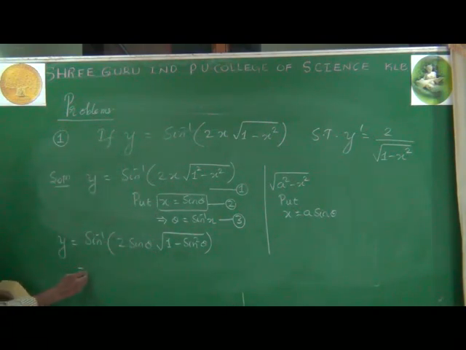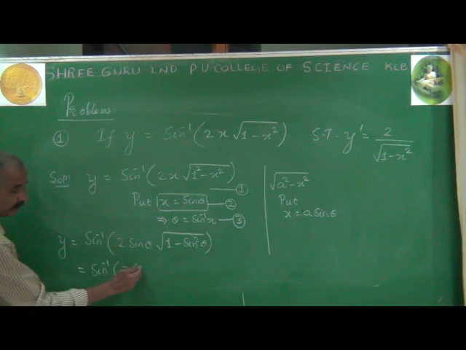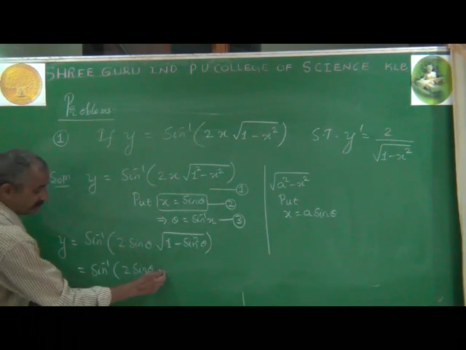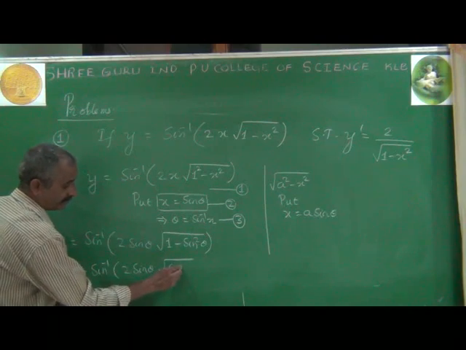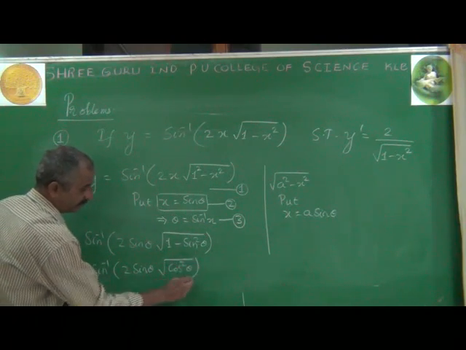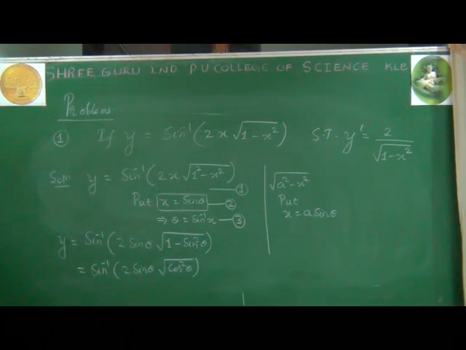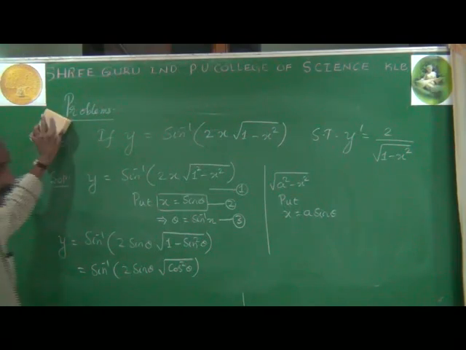That equals sin inverse of 2 sin theta. Root of 1 minus sin square theta is cos theta from trigonometry, so square and square root cancel out as usual.